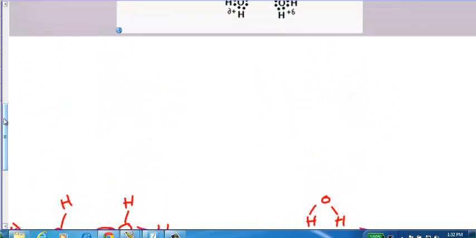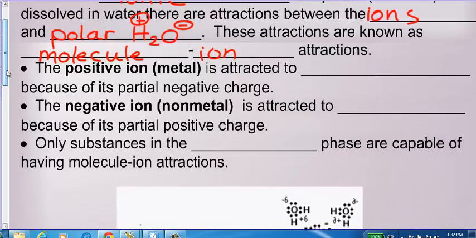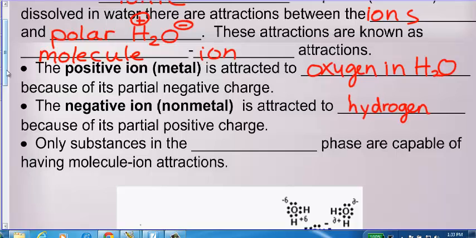So the bottom line is, the positive ion on the metal is attracted to oxygen in water because oxygen in water has a partial negative charge. The negative ion in the salt is attracted to hydrogen in water because hydrogen in water has a partial positive charge.